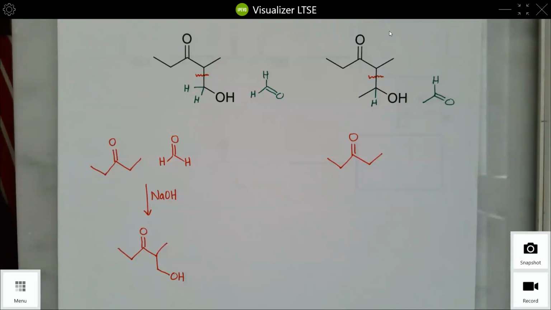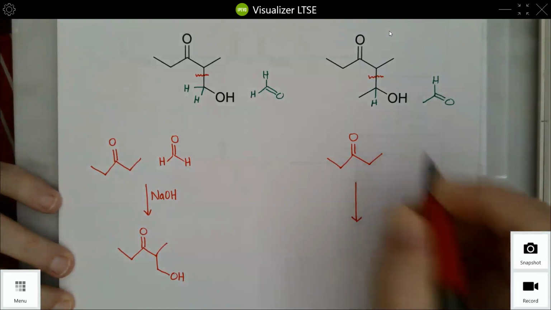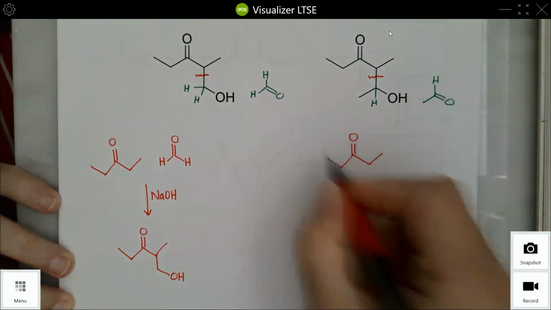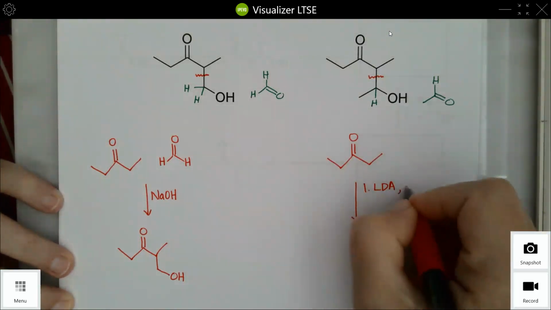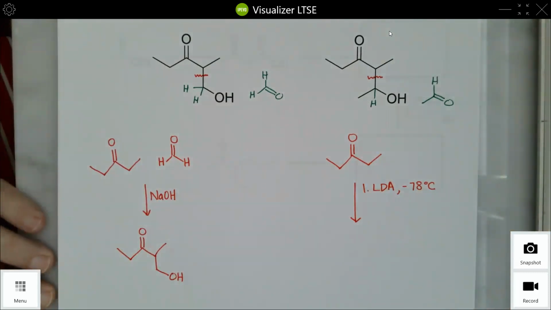So in order to help this reaction only produce one product, what we do is we use LDA at cold temperature. So we would first take a solution of this ketone, treat it with a much stronger base, at cold temperatures.